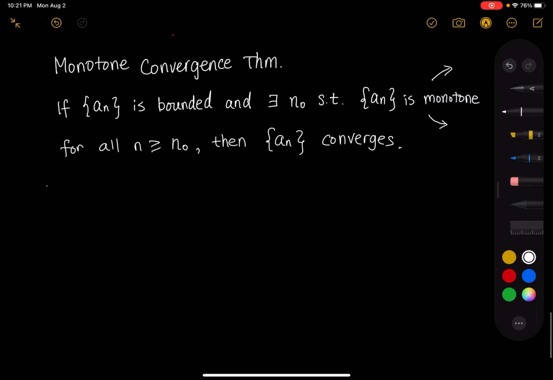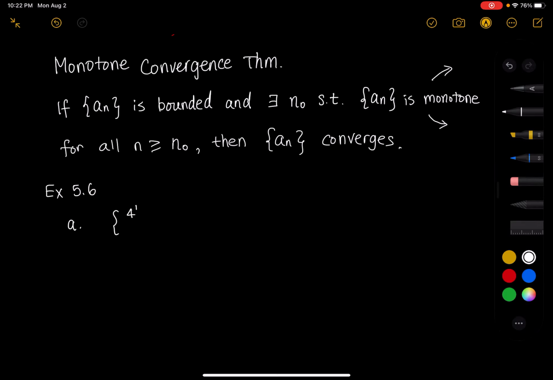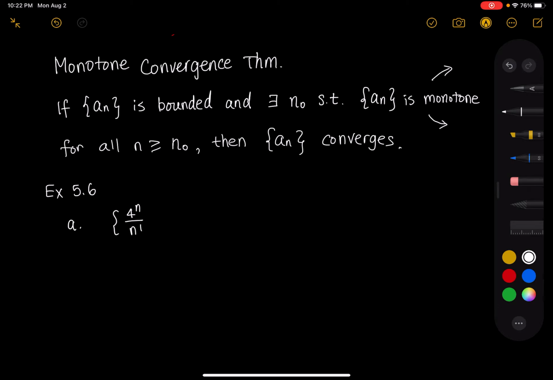So we're going to take a look at example 5.6. Using the monotone convergence theorem, for each of the following sequences, we want to show the sequence converges and find its limit. So an easy one, part A, we have 4 to the nth power divided by n factorial.